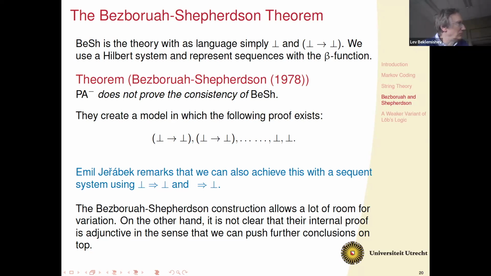Maybe that theorem in that generality, for all universal sentences added to it, would not hold for beta function coding. So maybe that's even false.